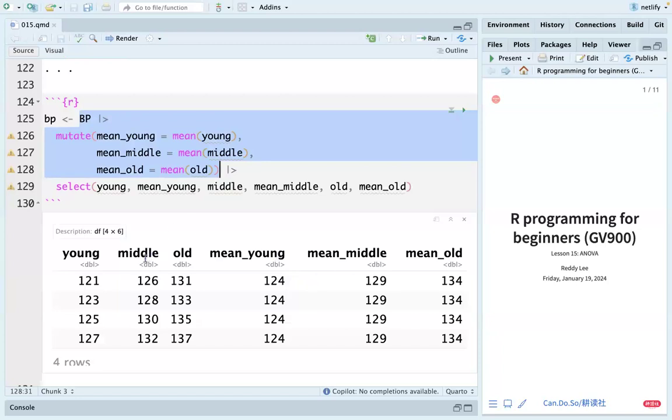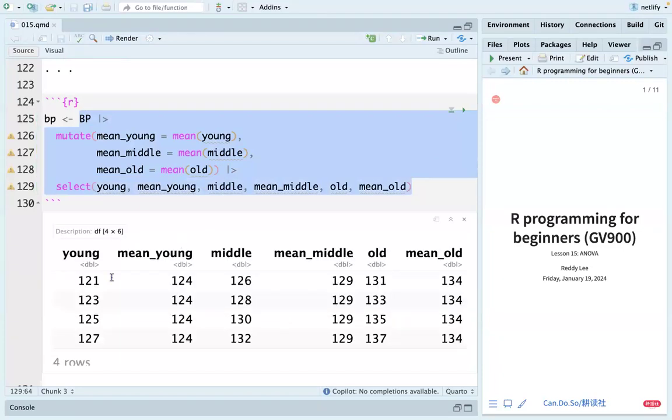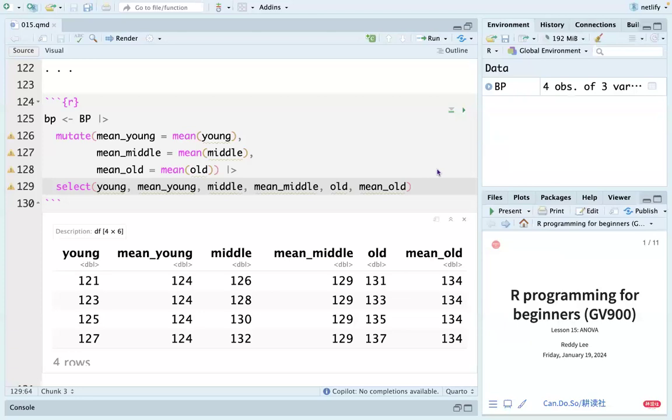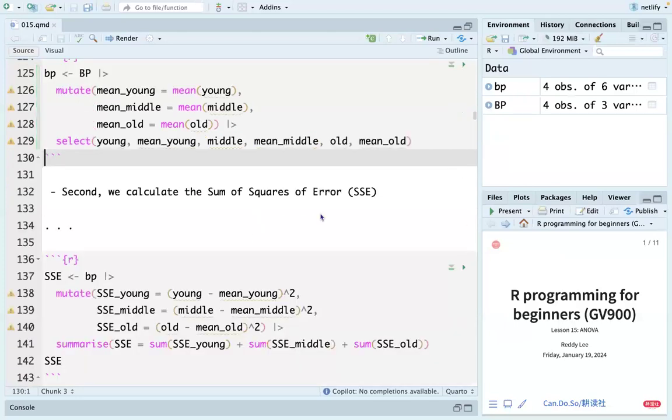So we got the mean young, mean middle, and mean old. We can change the location: young and mean young, middle and mean middle, and old and mean old. So we use a select and we assign it to the small bp.